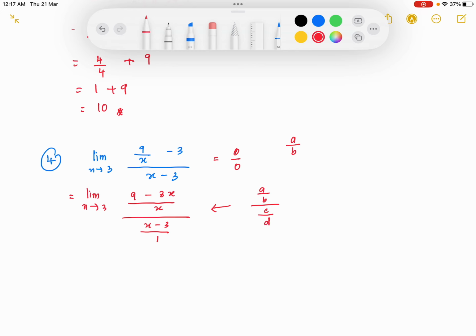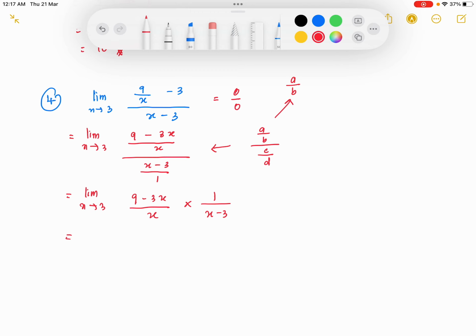Now we want to write it in the form of a over b. So it equals limit x approaches 3 of (9 minus 3x over x) times (1 over x minus 3). So we get limit x approaches 3 of (9 minus 3x) over (x times x minus 3).